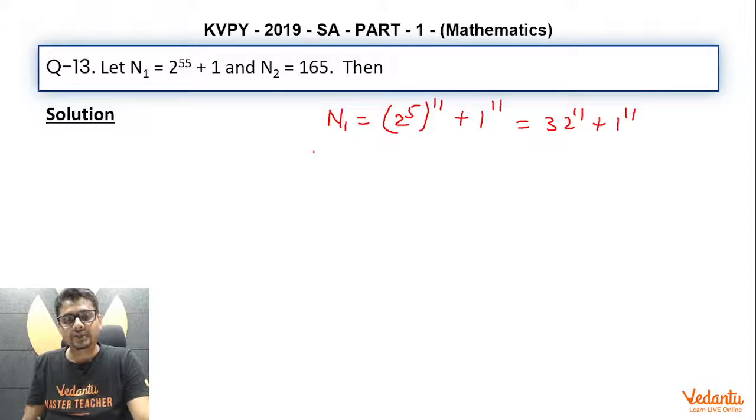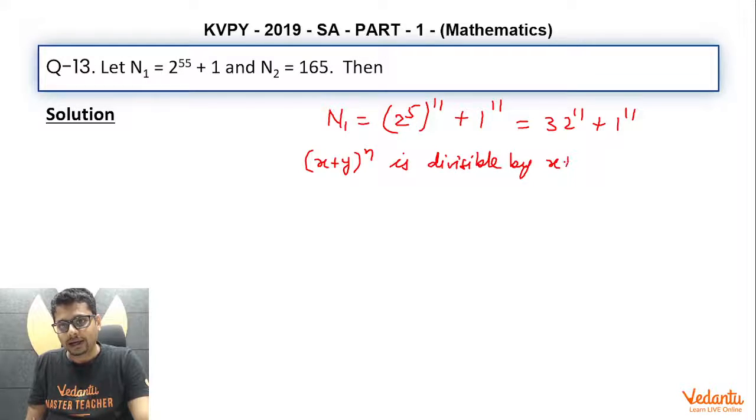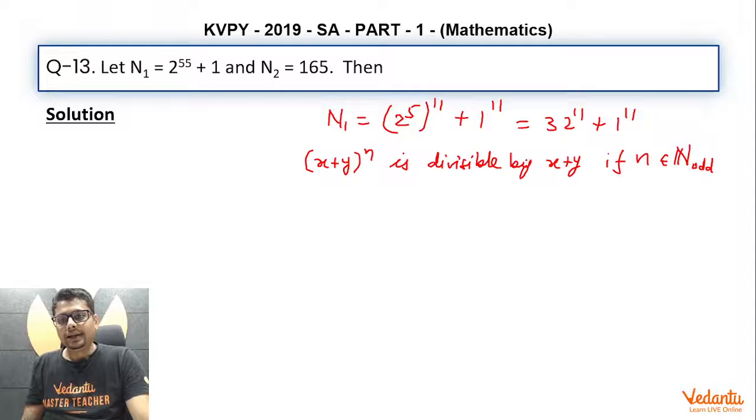Now the point is, when you have x to the power n plus y to the power n, this is divisible by x plus y if n is an odd natural number. That is, x plus y is a factor of x to the power n plus y to the power n if n is an odd natural number.